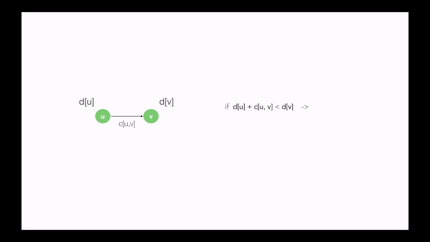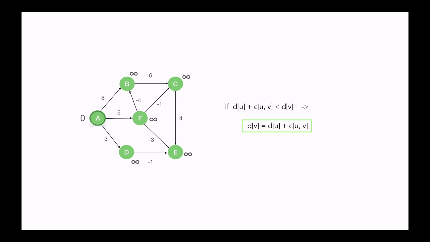Then if the sum of the distance of u and the cost uv is smaller than dv, that is, smaller than the distance of v, then the distance of v can be relaxed or updated to the sum. We do this for all the pairs, and not just once, but repeatedly.